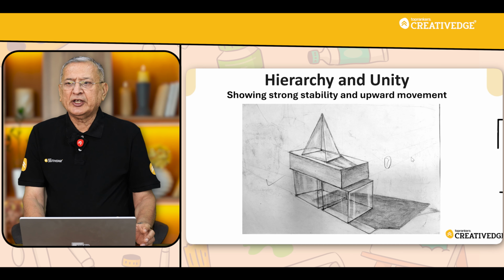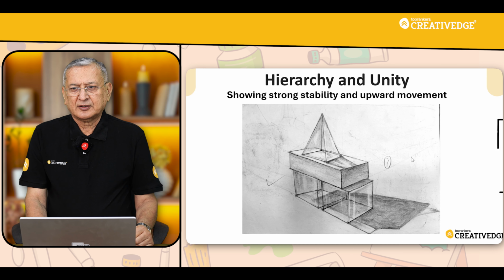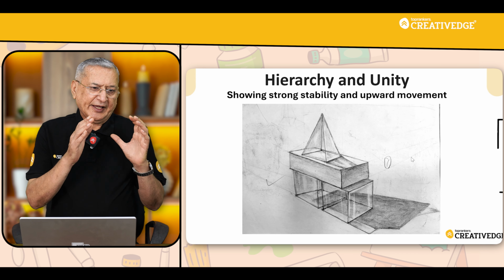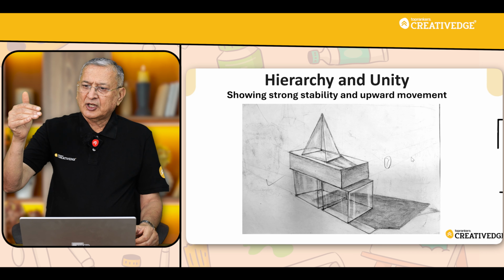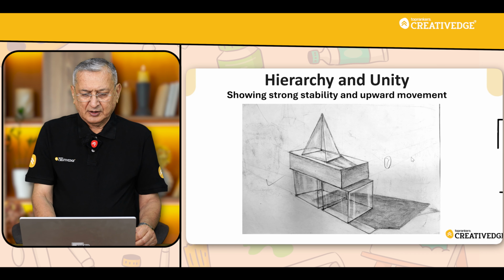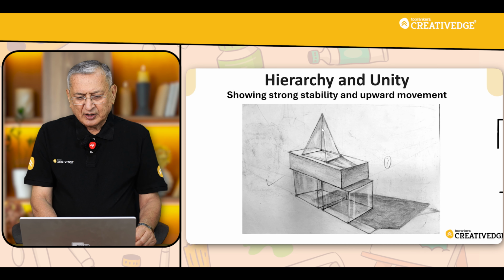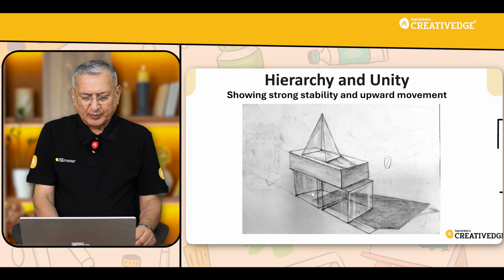What will that show? A pattern. Pattern is nothing but any arrangement which is repeated. It will also show movement because of the triangle, an upward movement because of the pyramidal object which is kept on top of the cuboid, and the cuboid is kept on top of the 2 cubes.